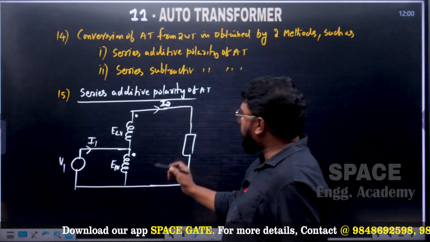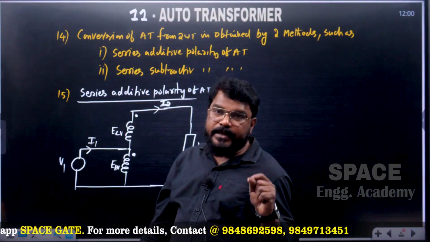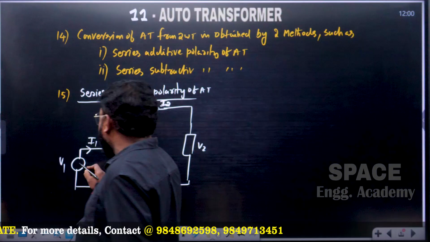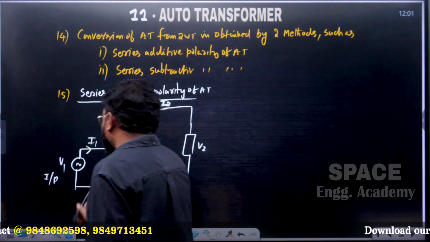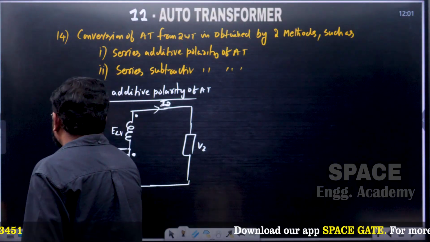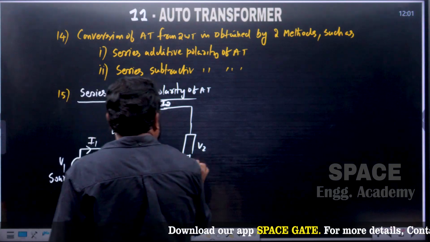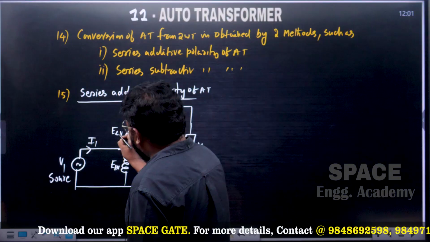V1 is the input voltage of the auto transformer, and this is the source. This is the load of the auto transformer, with ELV and EHV.